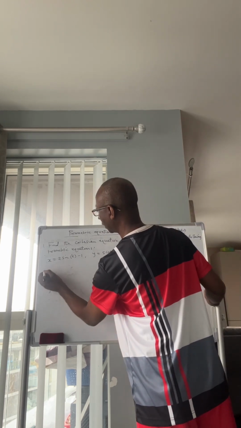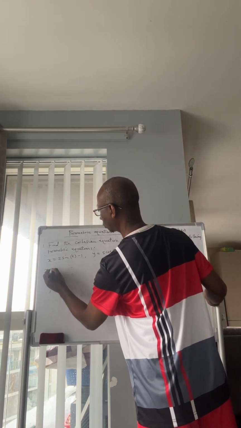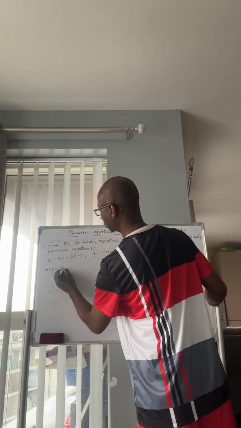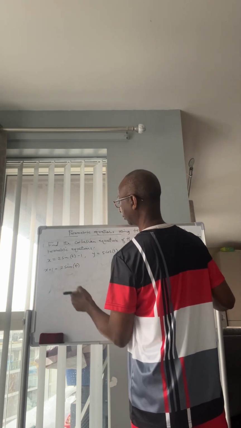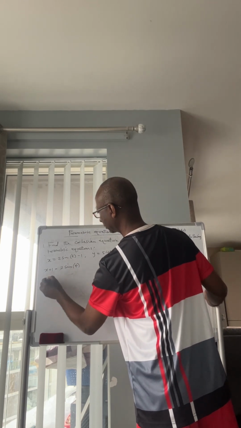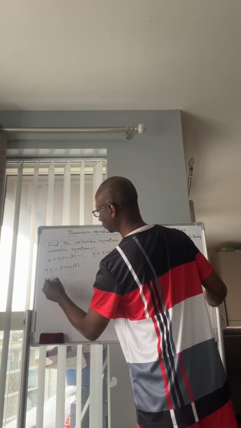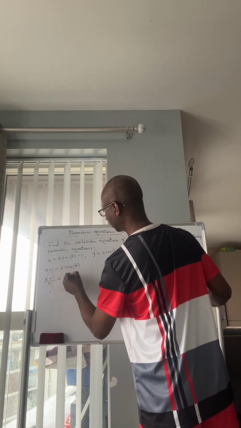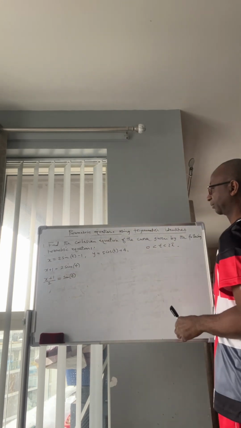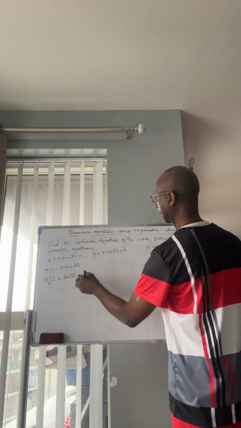Now here you have x plus 1 equals 2 the sine of t. x plus 1 divided by 2 equals the sine of t. Let's come to this side.